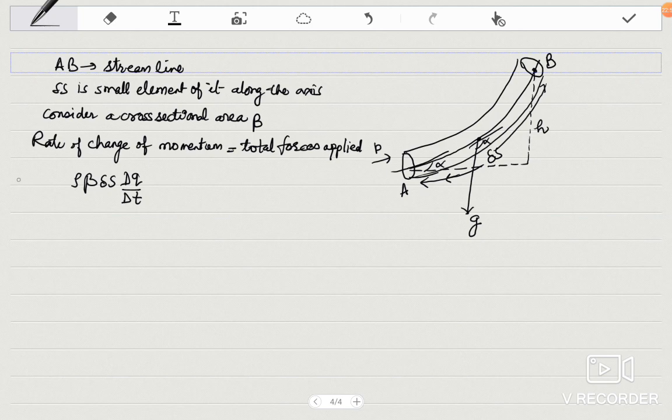This is the rate of change of momentum. So left hand side will be this much.